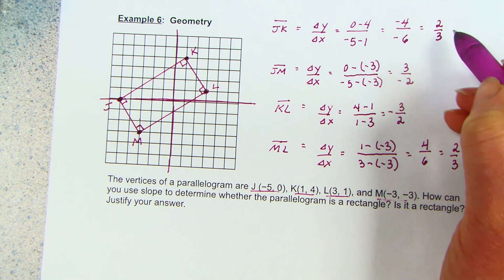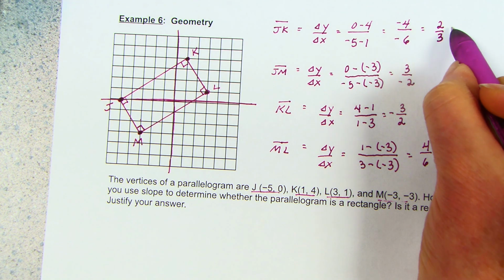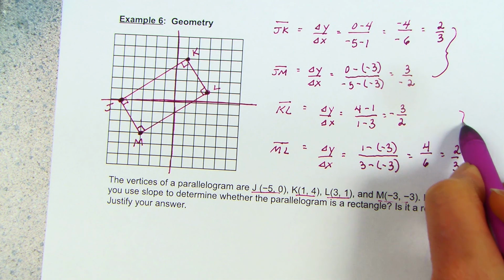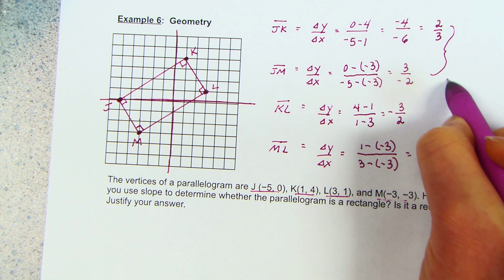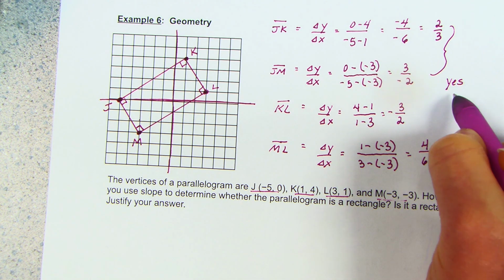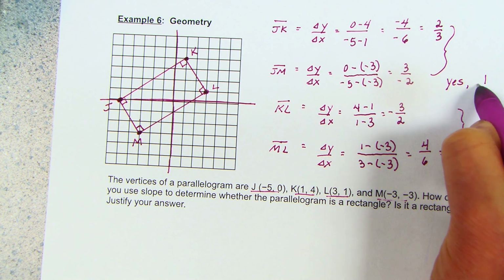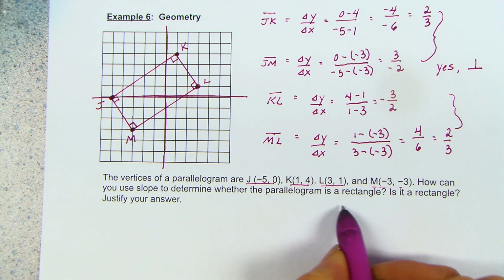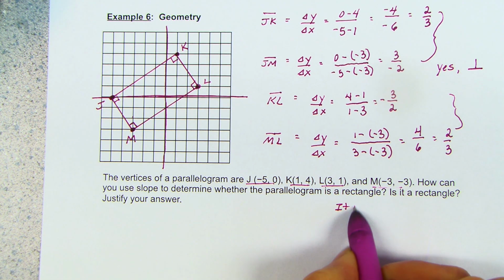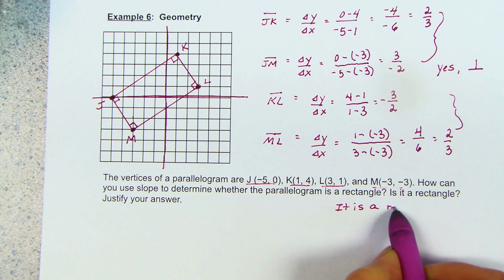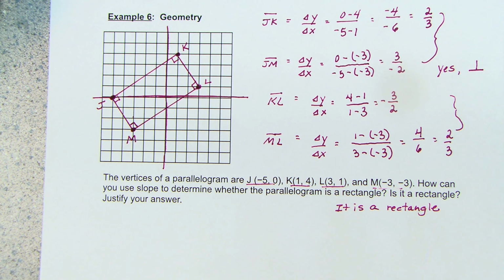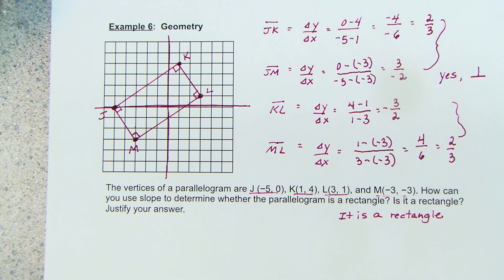Okay, and so maybe we can group them like this, and group them like this, and we can say that yes, they are perpendicular. The symbol for perpendicular is like that, and so it is a rectangle. Okay, there you have it. Thank you for your patience.